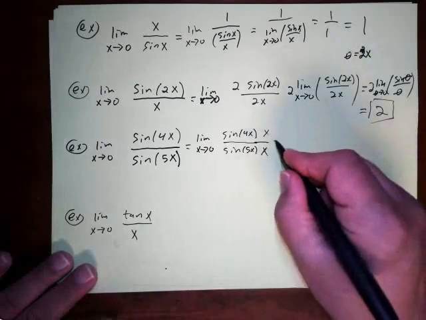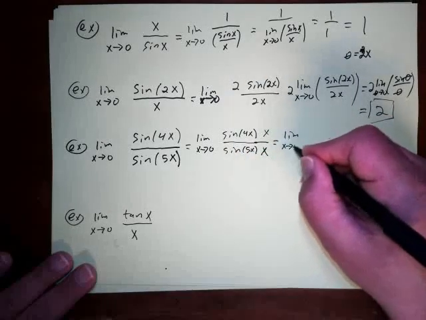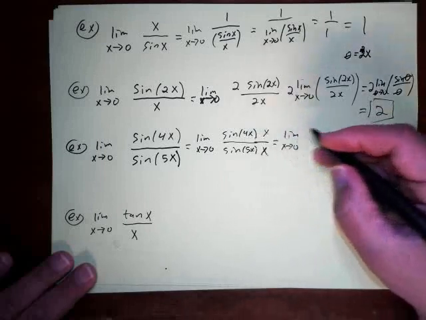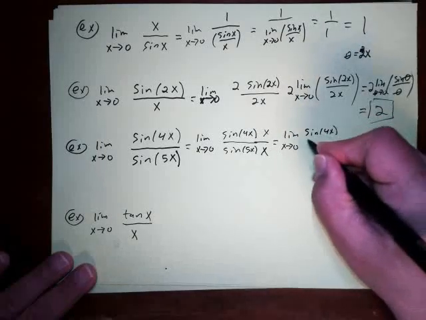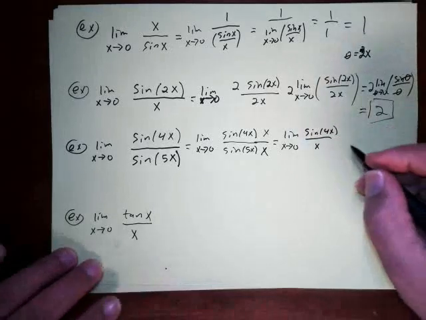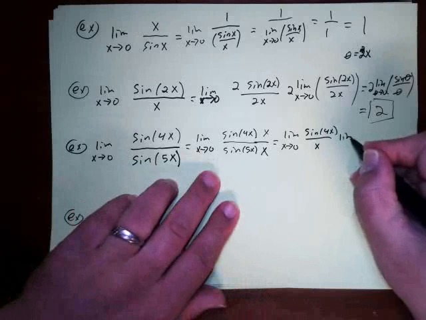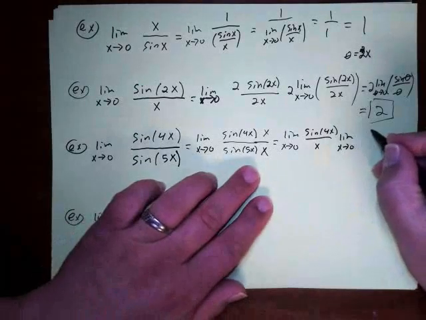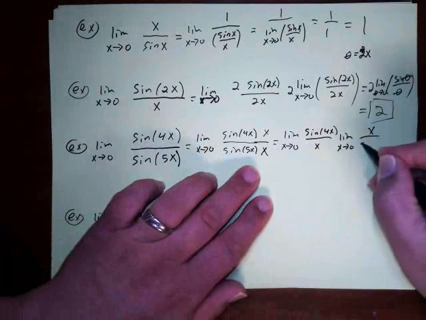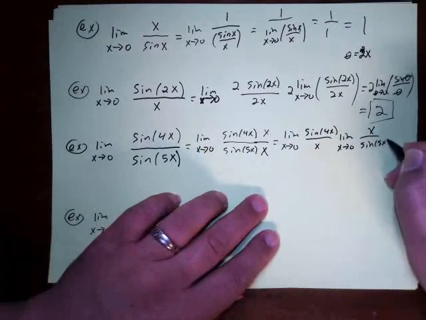Okay, so then what I can do is split these up. I can do the limit as x goes to 0, but I'm going to split them up like this: sine of 4x over x, and this would be the limit as x goes to 0 of x over sine of 5x.